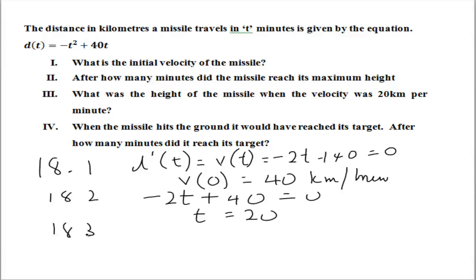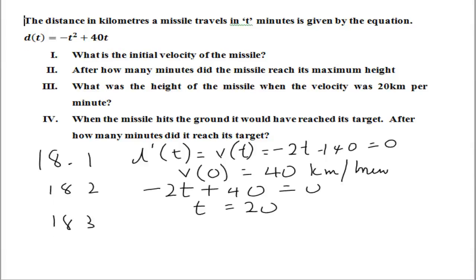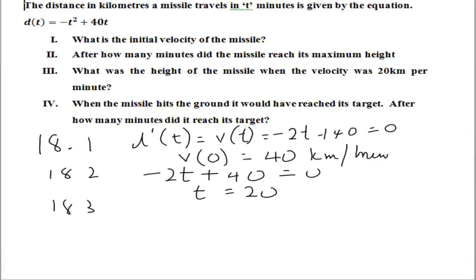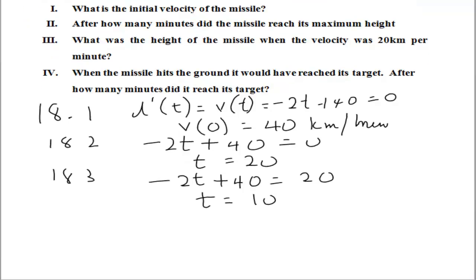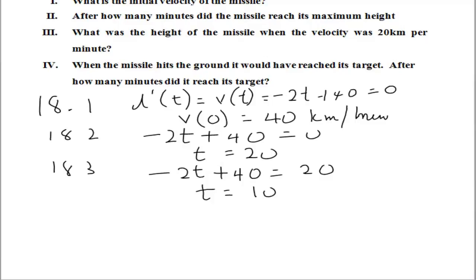Then they want to know what is the height of the missile when the velocity was 20 kilometers per hour. So you will have minus 2t plus 40, which is the velocity, equal to 20 kilometers per hour. When we solve, t is equal to 10, which means after 10 minutes the velocity would have been 20 kilometers per hour.